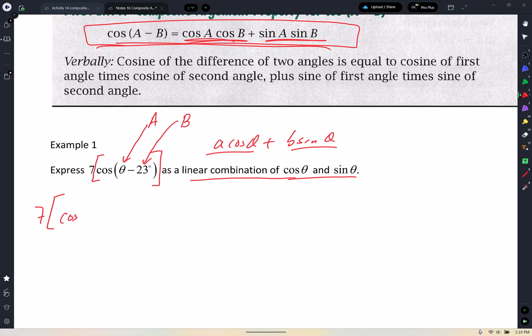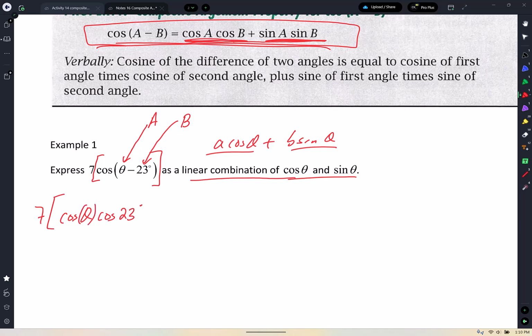I'm going to write cosine theta. Am I done? No, not minus 23. Look, it says cosine A. I'm writing the right expression. I put cosine 23. Yeah, don't be scared.